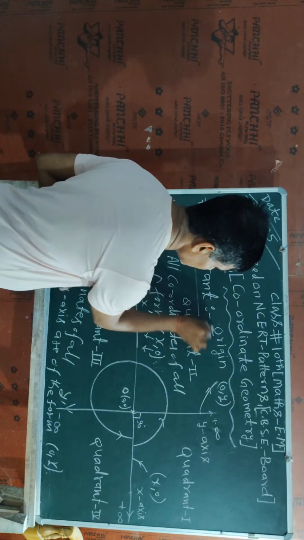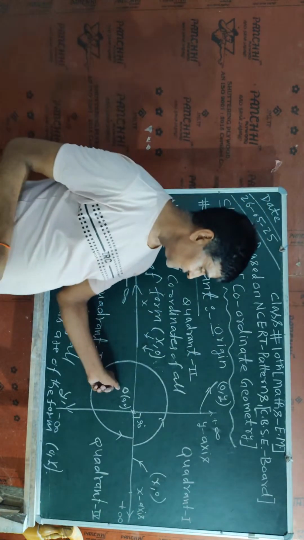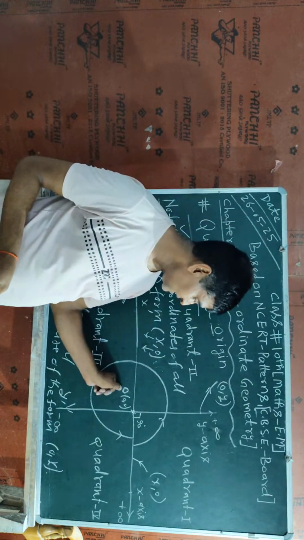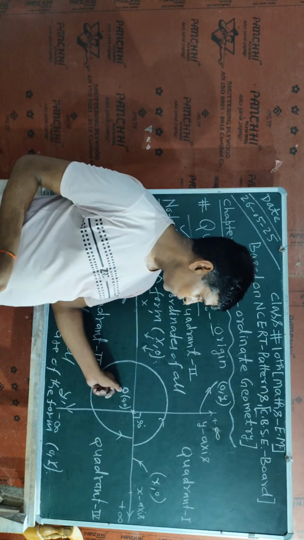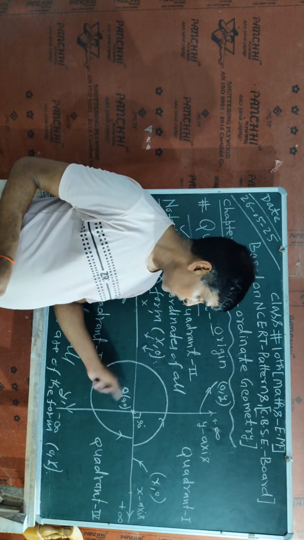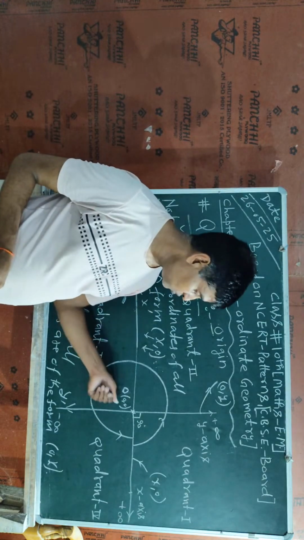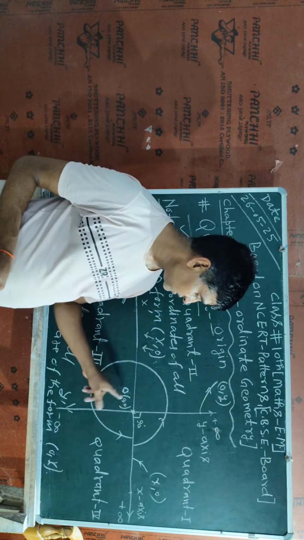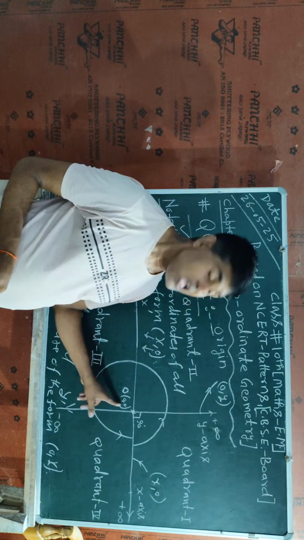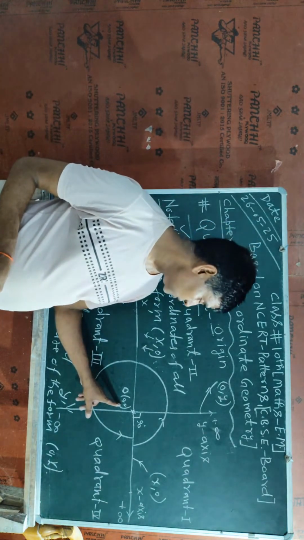Origin is denoted here by O, and its coordinates are the value of the x coordinate and the y coordinate. The value of the abscissa will be 0, and the value of the ordinate will also be 0.